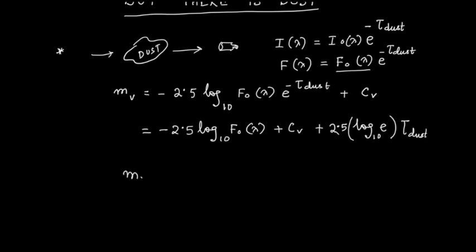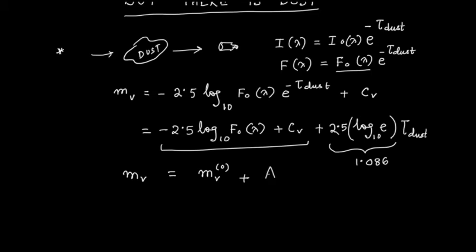So the observed MV, this is the MV that you would have observed if there was no dust, so let's call that MV0, plus this quantity. This thing is 1.086, you can calculate.